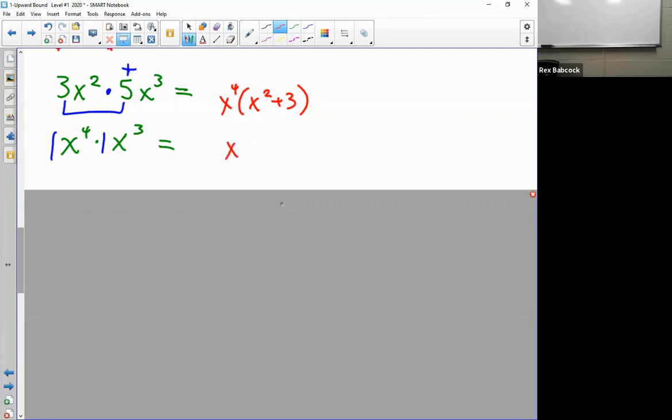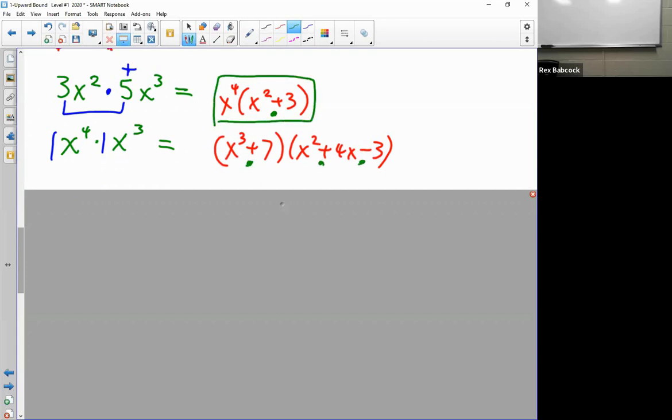Or if I had x cubed plus 7 times x squared plus 4x minus 3, that's a different problem as well. Notice the addition and subtraction. It changes the rules slightly. Most of you already know how to do it. You do it with the distributive property, or call it FOIL, whatever you want. It's really called the distributive property. These today had no addition or subtraction within the multiplication.